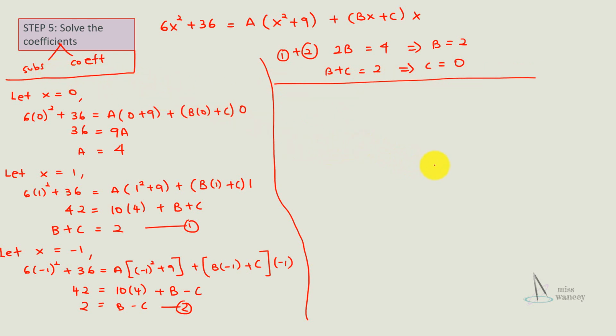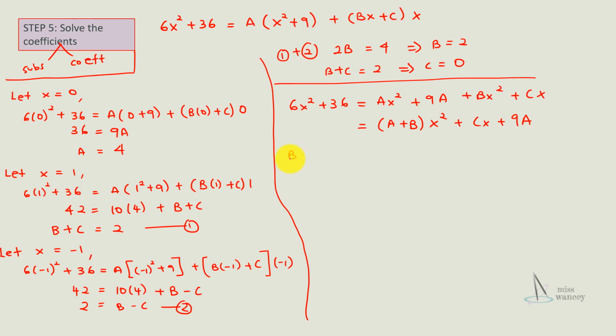Okay, so now let us use the second method by using comparing coefficient. So 6x squared plus 36 equal to ax squared plus 9a plus bx squared plus cx. So if you simplify the x squared, we have a plus b x squared plus cx plus 9a.